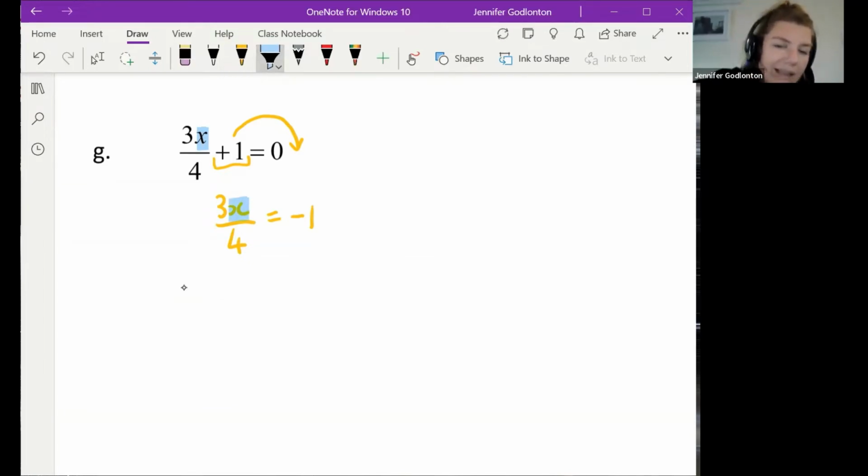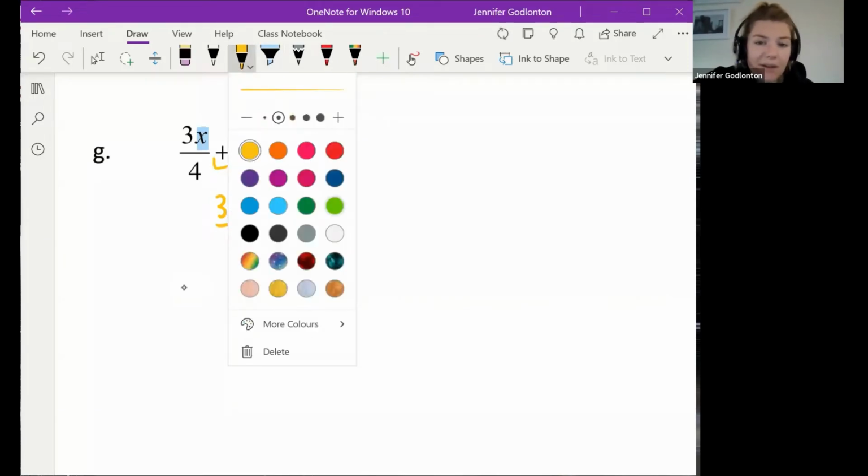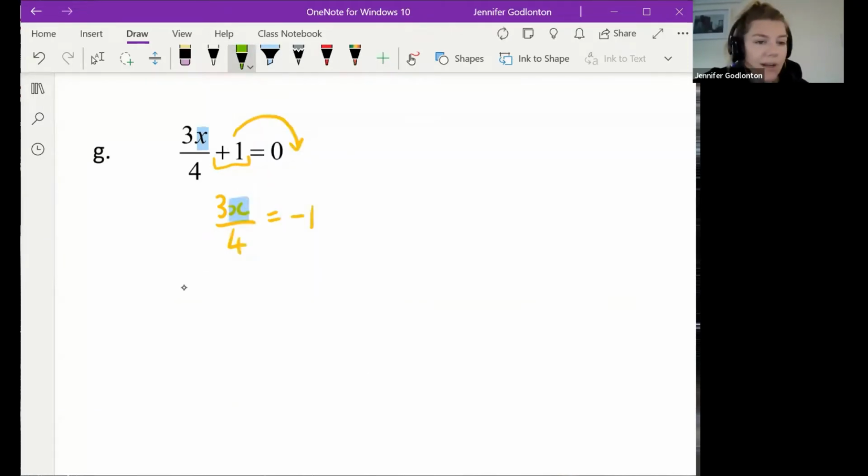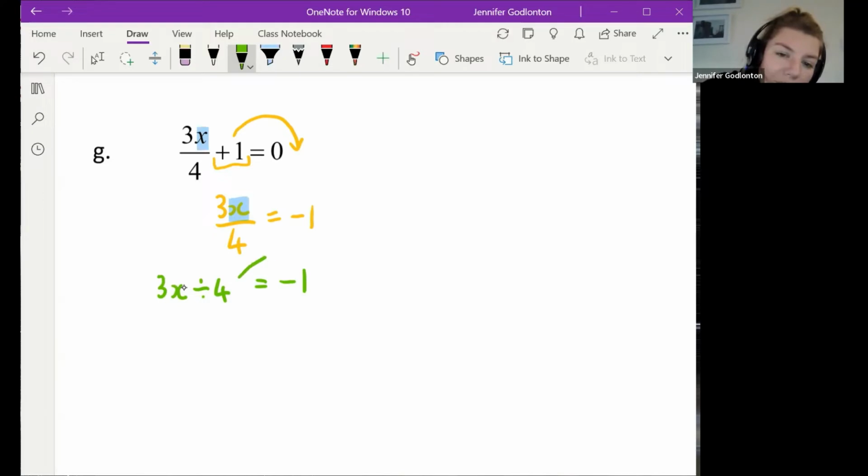We're still trying to isolate this. Now you could do the next steps in different ways, depending on how you would like to do it. It's totally up to you. I'm going to write it a bit clearer, for those of you who are still struggling. What 3x over 4 means is 3x divided by 4. So when that 4 moves over, it has to also have the opposite operation, the divide sign becomes a times sign.